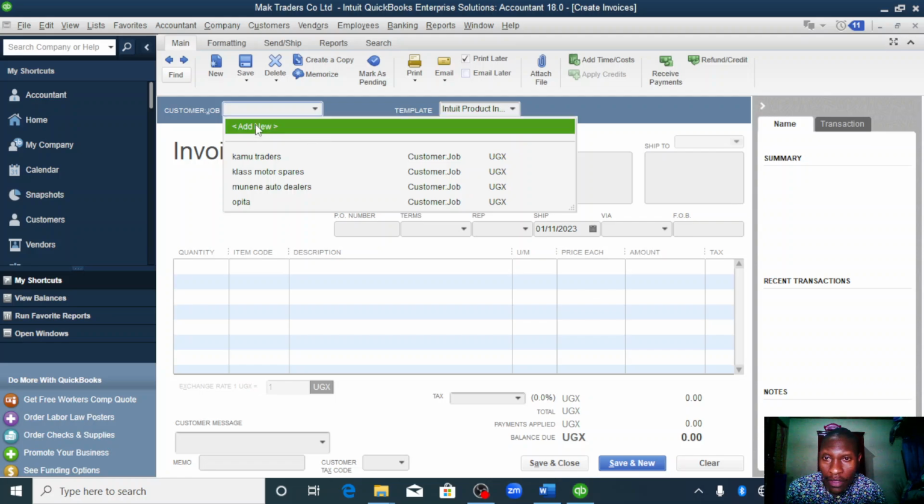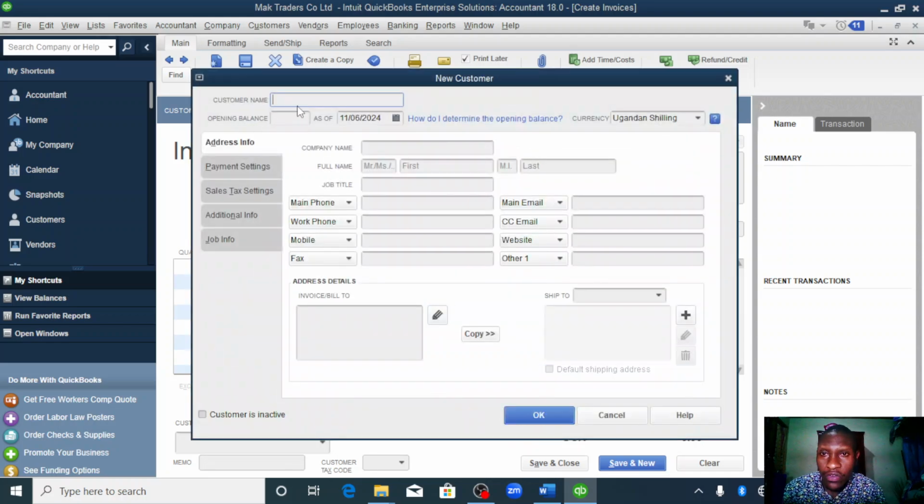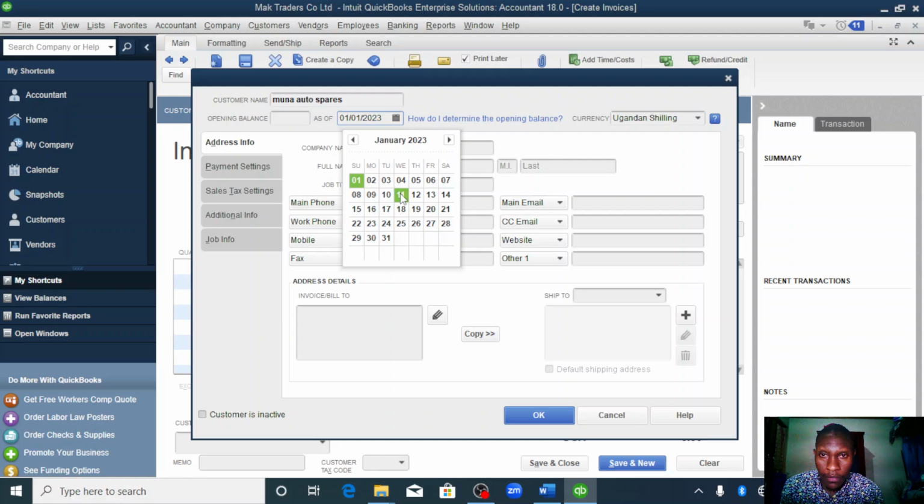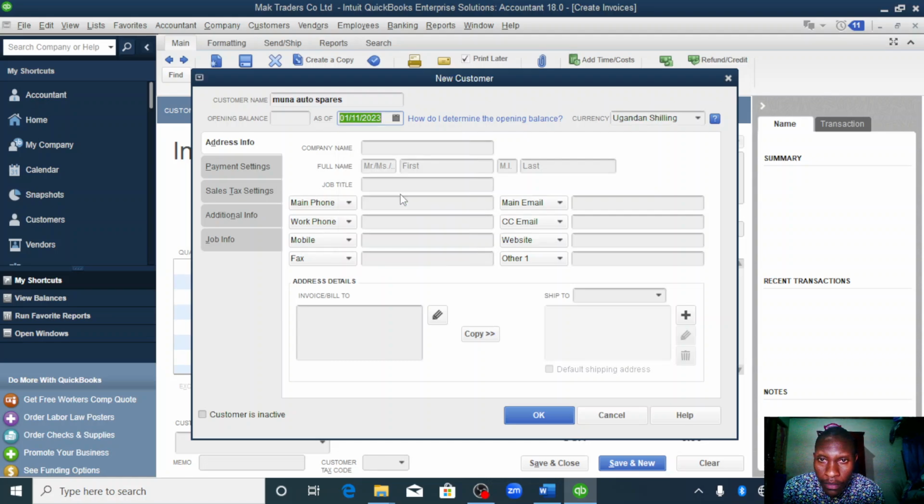We are not having him there, so we are going to add a new customer, Muna Auto Spares. Is not having opening balance. It is 11th January. We click OK.